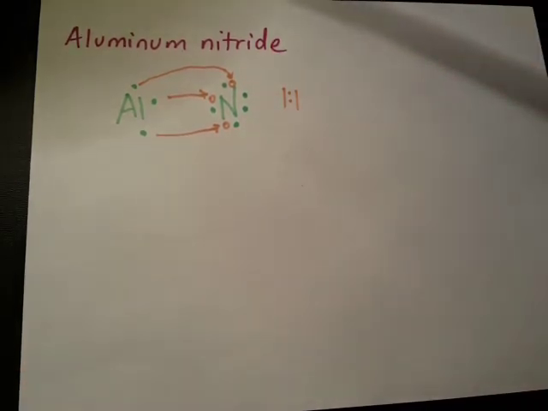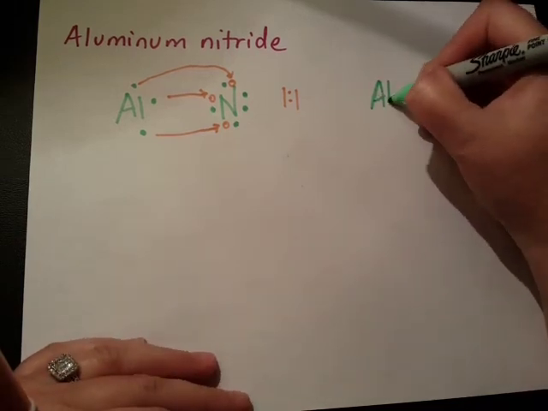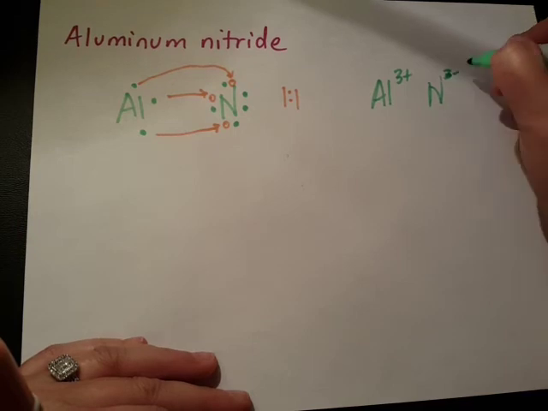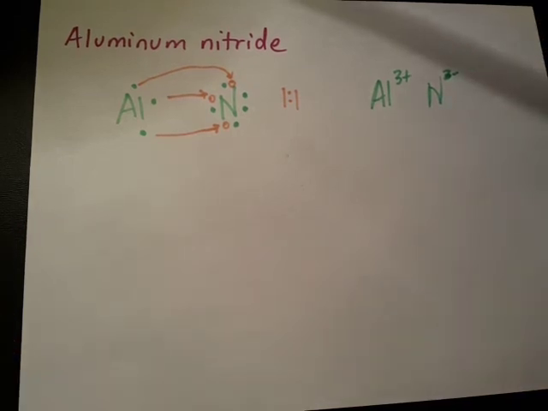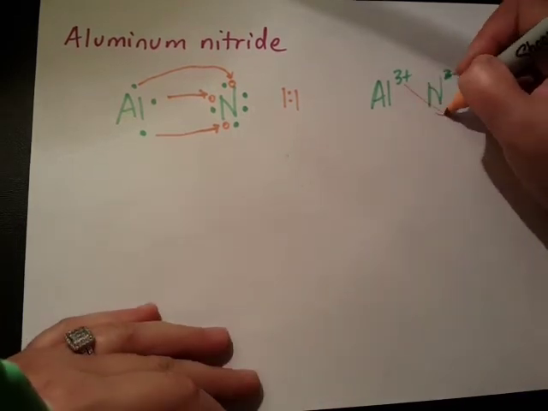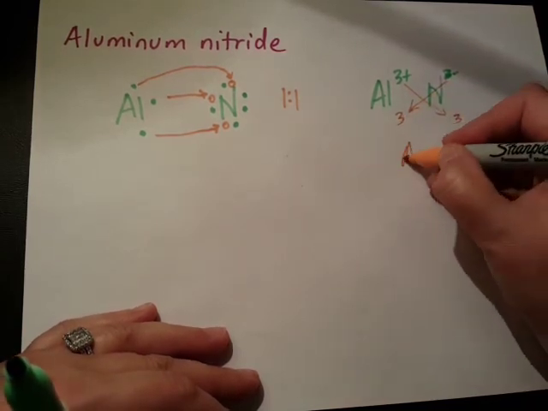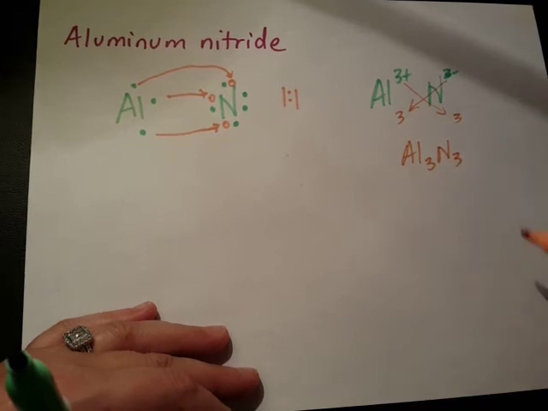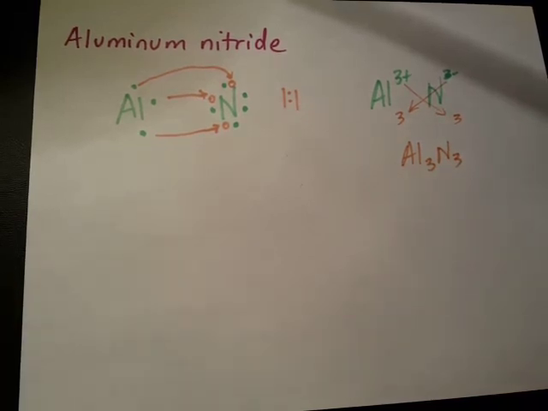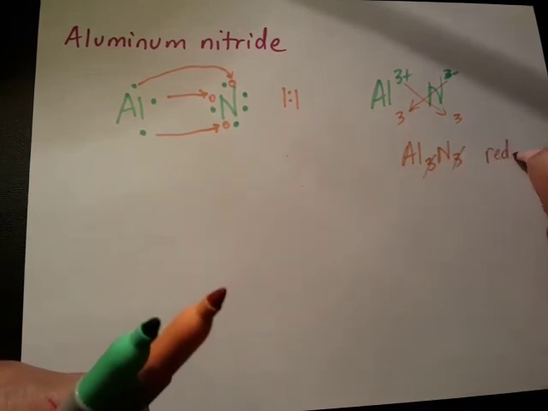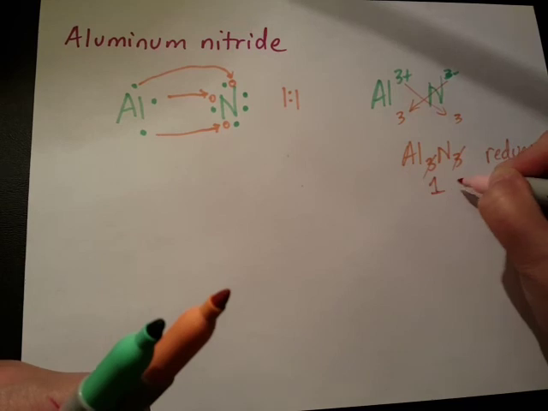Now, if we went to crisscross, and we did this crisscross, we're going to get a bit of a problem because we actually get this. And so what we have to keep in mind when we do crisscross is that we have to reduce, if possible.